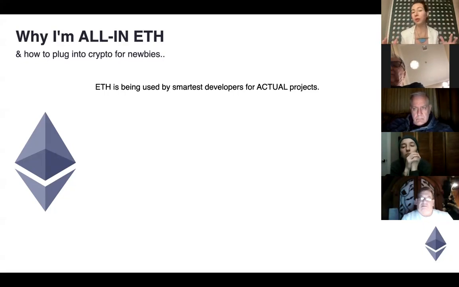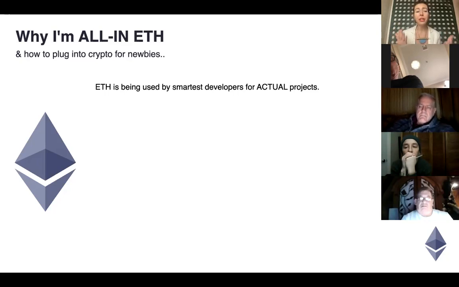And I know a lot of you who are new to this haven't been acclimated to these kinds of things. So in many instances, when we're looking out at cryptocurrency, we see Bitcoin, which was the very first of its kind, and a lot of people compare it to gold 2.0. I'm going to get into a little bit about why that may not be the case. It may, but it also may not. However, Ethereum is being used.